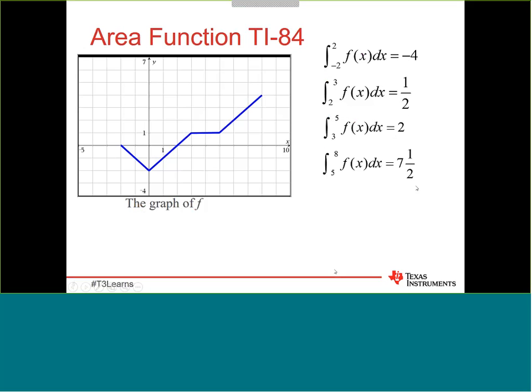They understand that. But then you go, well, wait, what if I now define a new function as g of x, and it's the definite integral from -2 to x of f of t dt?